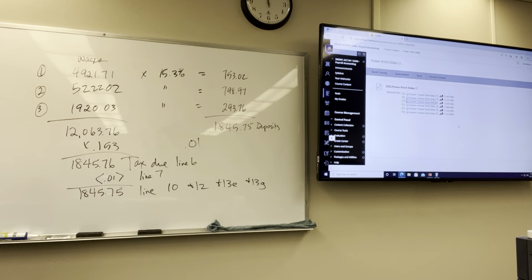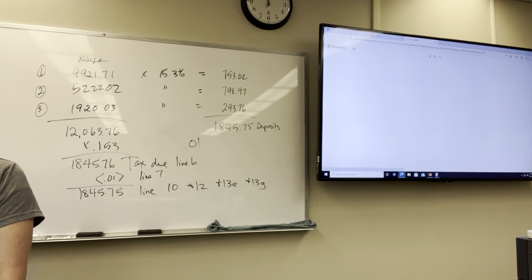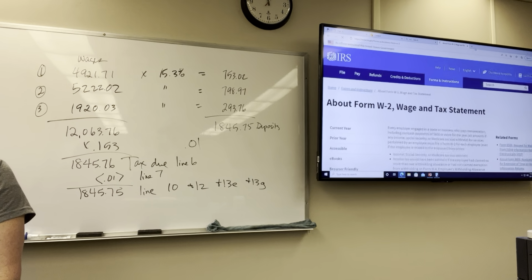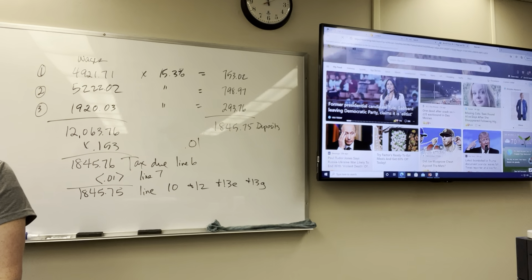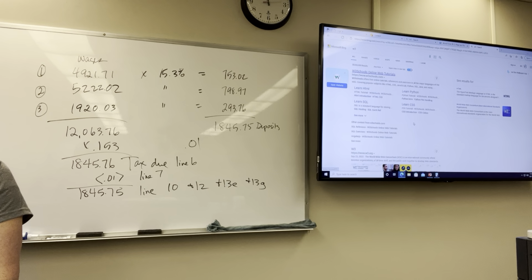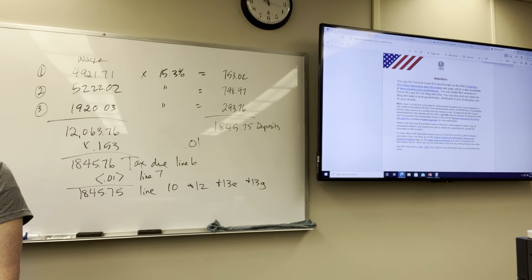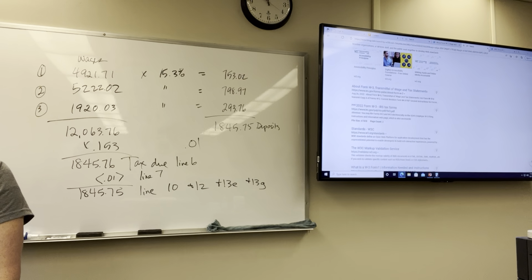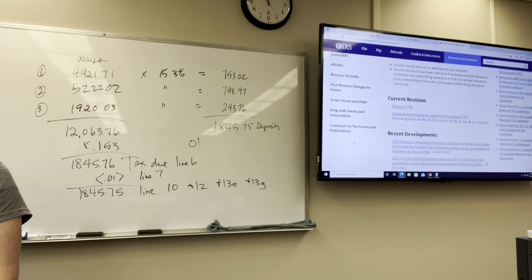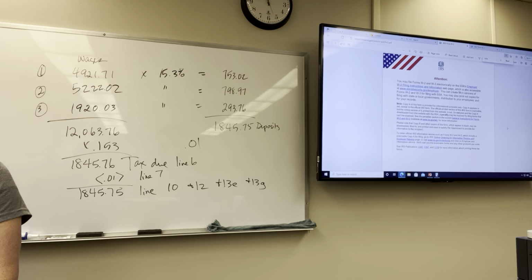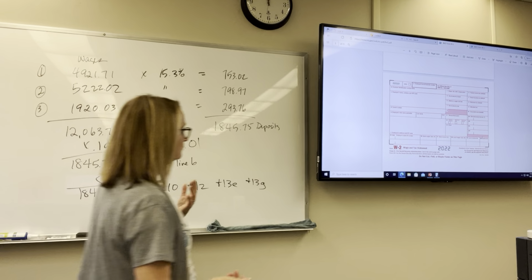I'm going to pull up a W-2, and I think we've looked at W-2s, so you can see what I'm talking about here, and Form W-3. Okay. So this is what the W-2 looks like.